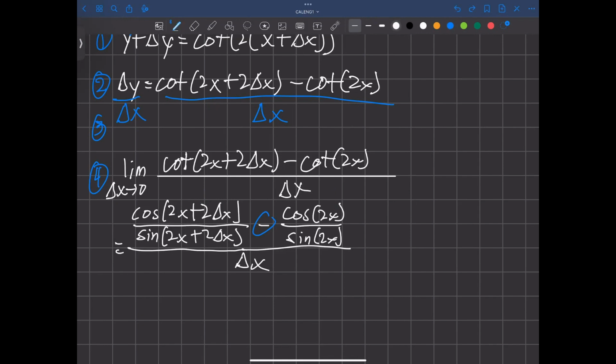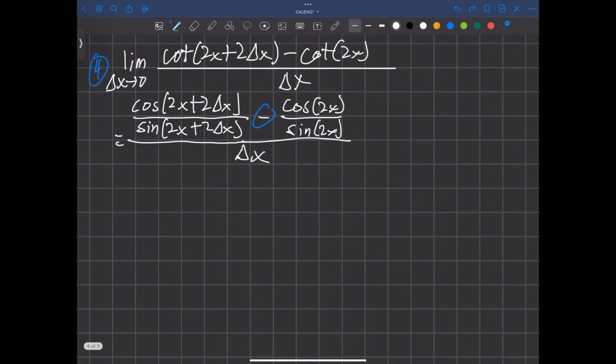To do that, we just have to find the LCD of both terms, which would be sine 2x plus 2 delta x and sine 2x.